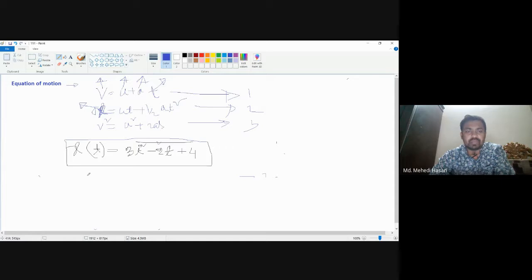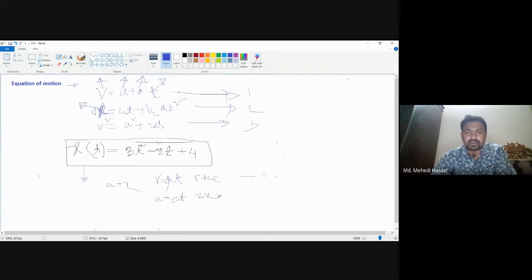Now from that equation, if the question is given like that, find out the acceleration, using the final velocity v at, say, 5 second, and the initial velocity u at 2 second.